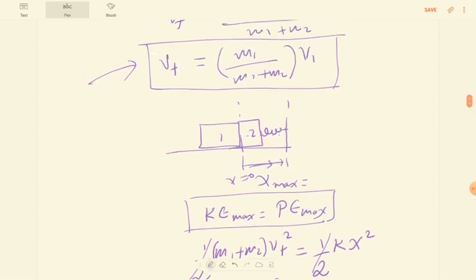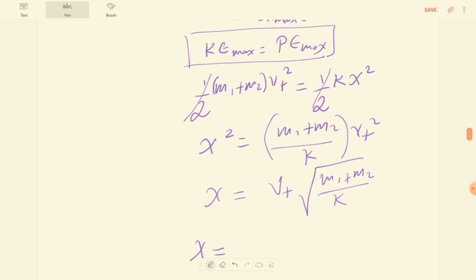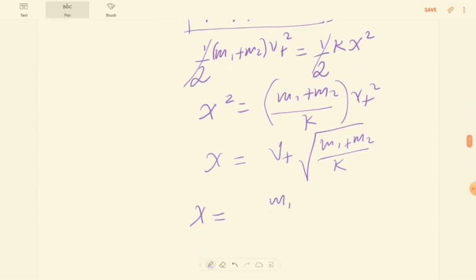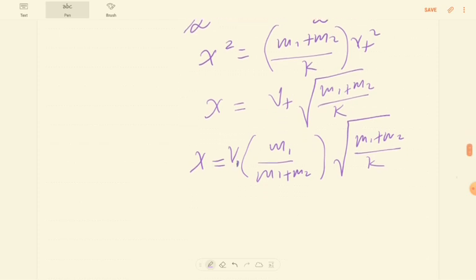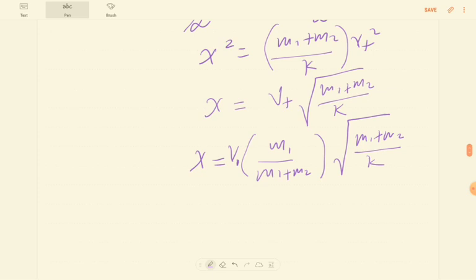times v1. So m1 divided by m1 plus m2 times this quantity, the square root of m1 plus m2 divided by k. Of course, finally we would have a velocity term, v1. So now we use some simplification here.